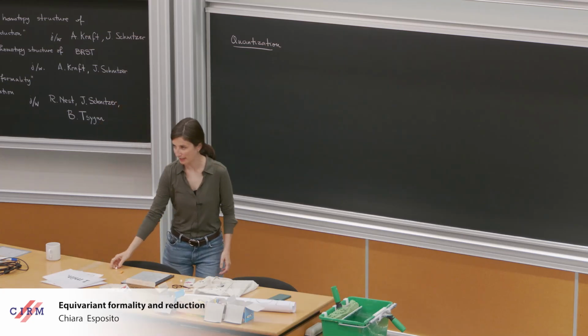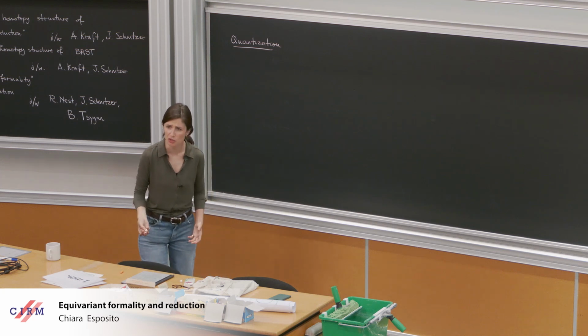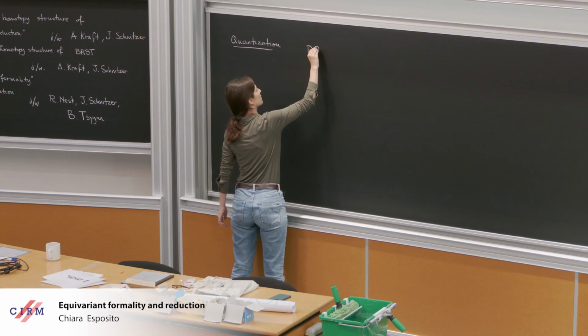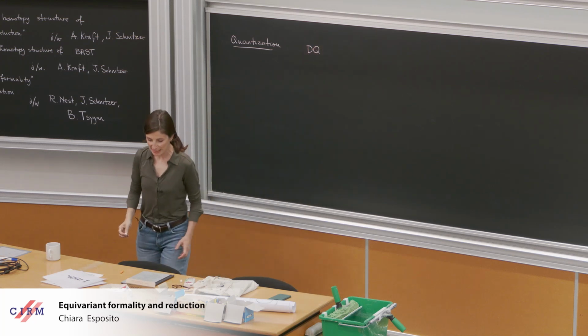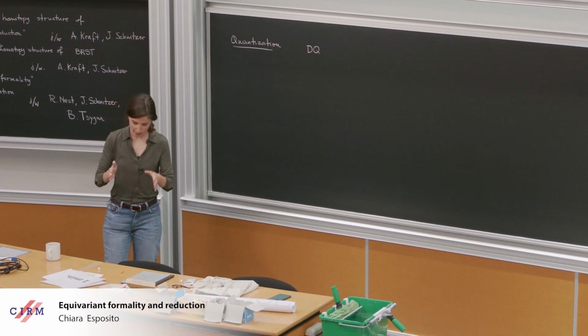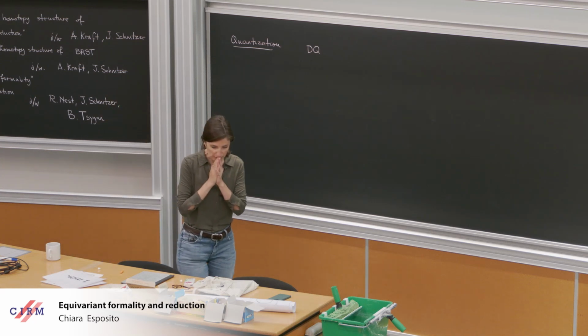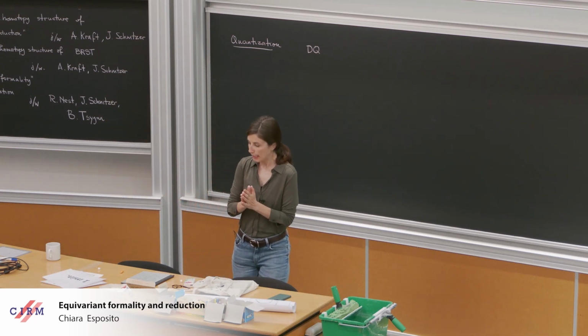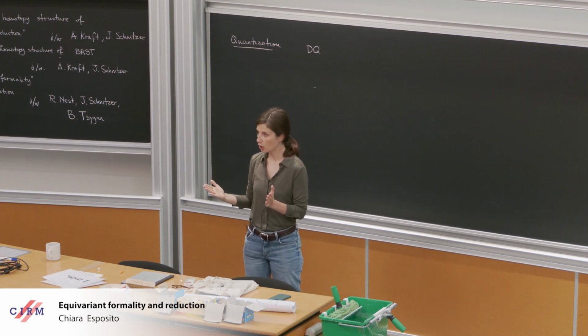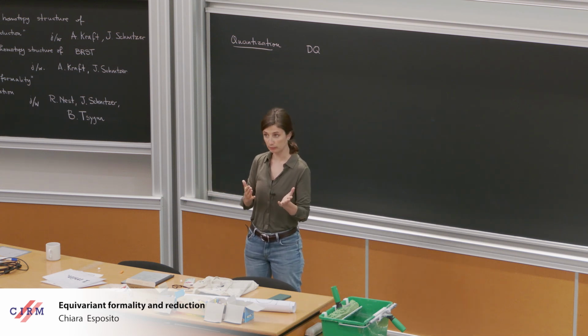What do I mean by quantization? There are different procedures, but what I mean is deformation quantization. So what is the philosophy of that? The philosophy is, let's consider a classical algebra, and then we want to find a suitable non-commutative one, which is a deformation of the classical one.